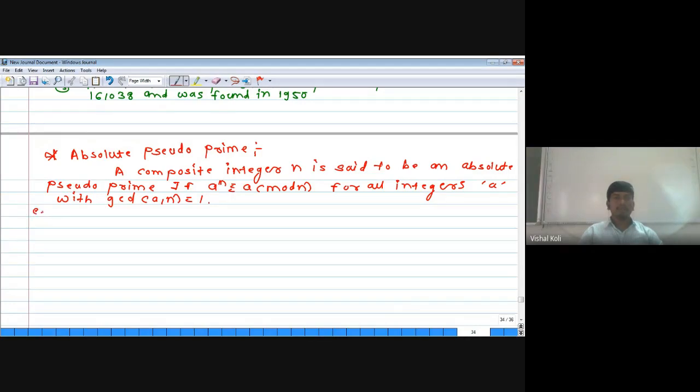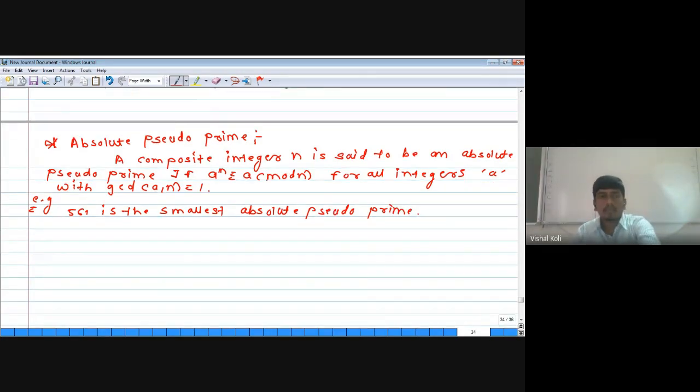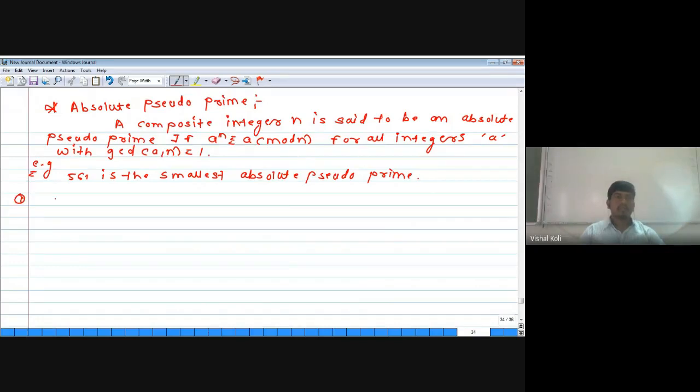Okay, for example, 561 is the smallest absolute pseudo prime. Okay. So we will prove this 561 is an absolute pseudo prime. That is example first. Show that 561 is an absolute pseudo prime.